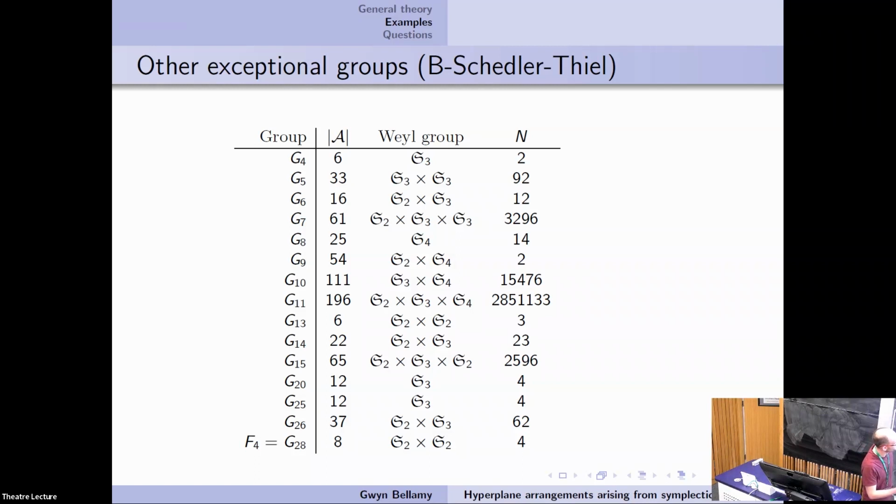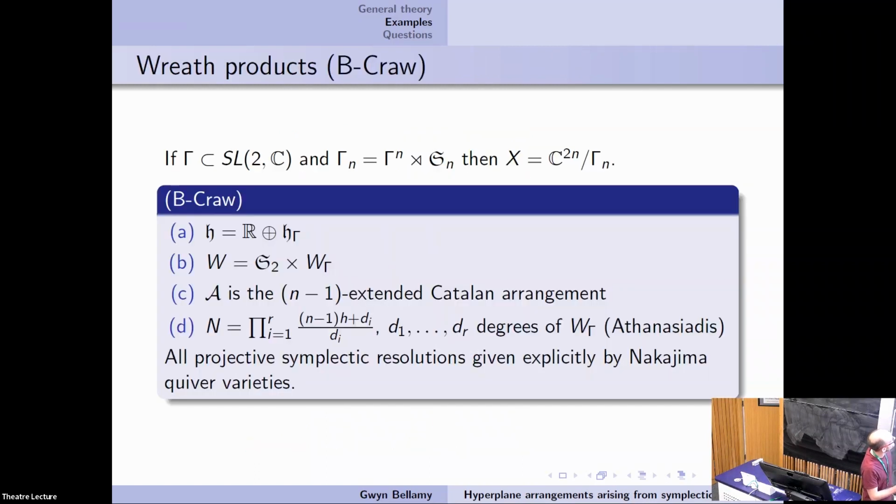Okay, there are some numbers. This is a slightly different case. This is leaving the world of complex reflection groups, but there are still quotient singularities. I take a Kleinian singularity again and extend it to higher dimensions by taking a semi-direct product with a symmetric group. I take n copies of my Kleinian group and form this quotient variety.